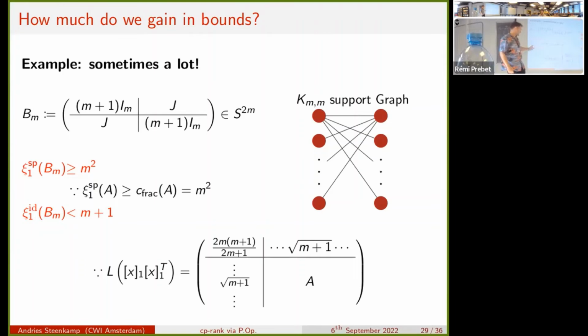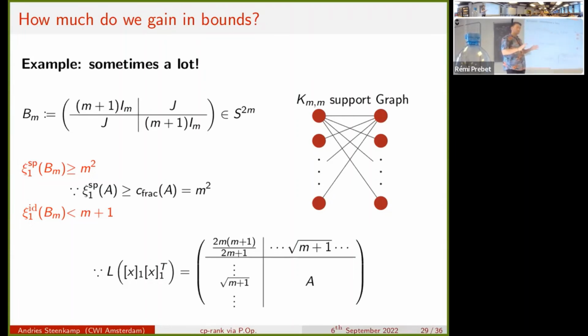The dense hierarchy is bounded by m plus 1. And the way we do this is simply we find an explicit example, something that is feasible for the dense hierarchy. We plug it in, we see what it gets, and because the dense hierarchy is an infimum, it has to be below our feasible solution. The solution we suggest is this matrix: a scalar in the top left corner, a vector consisting only of square root m plus 1, and the matrix Bm.